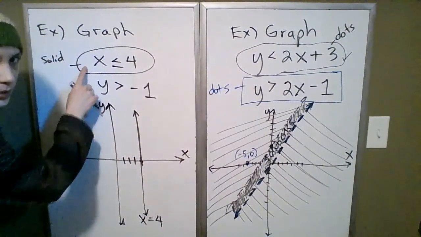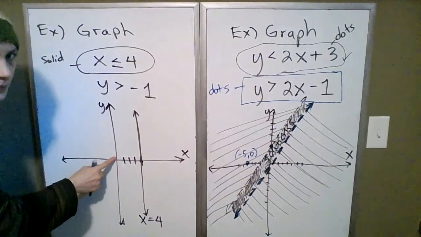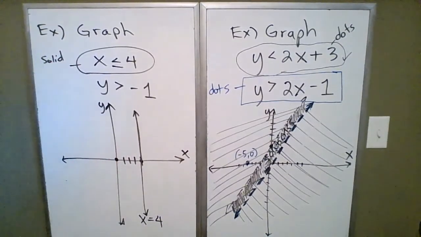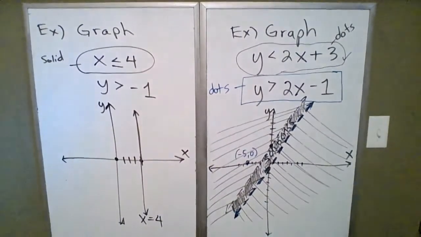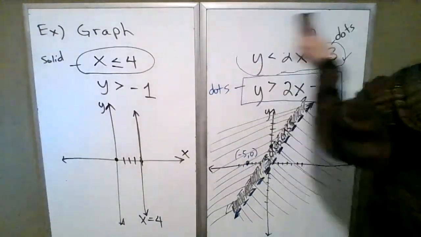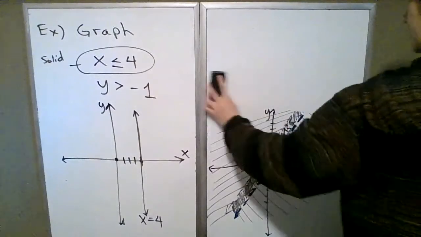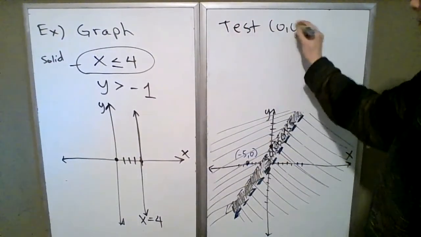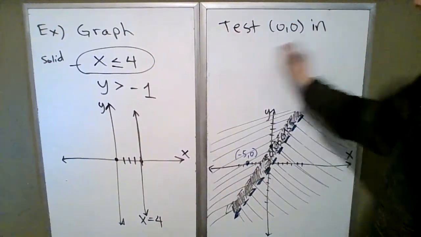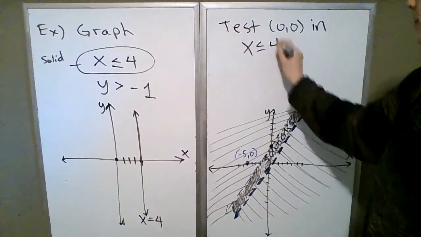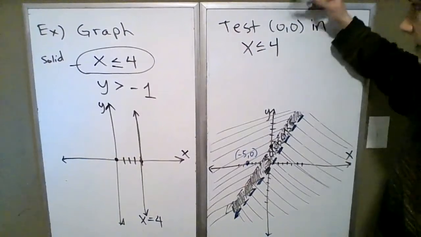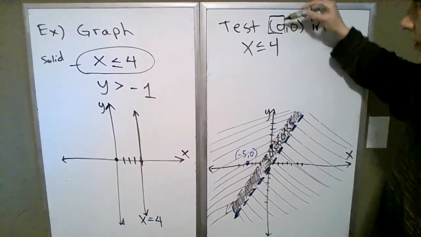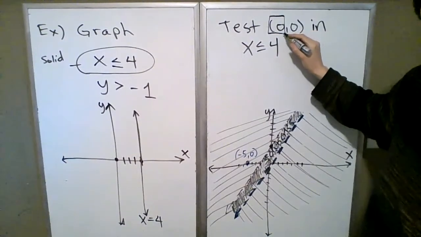Then I test a point, which let's go ahead and test the origin. But all you need is the x value from the origin. Really all I need is the 0 from the x coordinate.